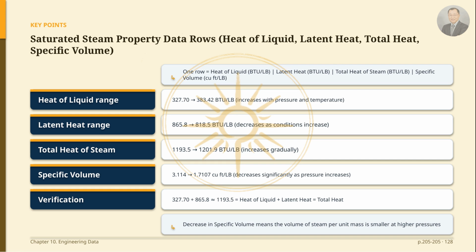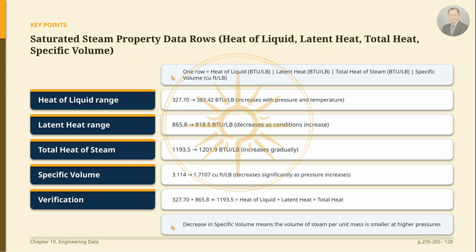The total heat of steam, which is the sum of the two, rises gradually from 1193.5 to 1201.9. In fact, 327.7 plus 865.8 equals 1193.5, showing that the sum of the sensible heat of liquid and latent heat of evaporation matches the total heat.